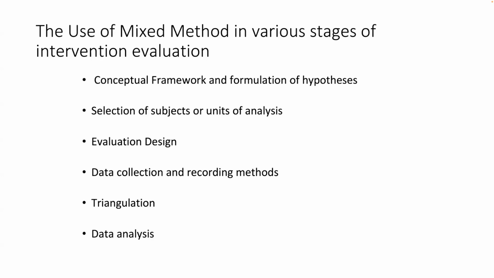It's really, really important if you have data available at the very beginning stages, because you might fine-tune what it is you want to look at or discover because of data or information that could be available to you. You might use this approach in the selection of your subjects or deciding on the unit of analyses.